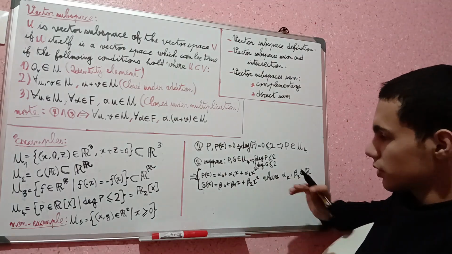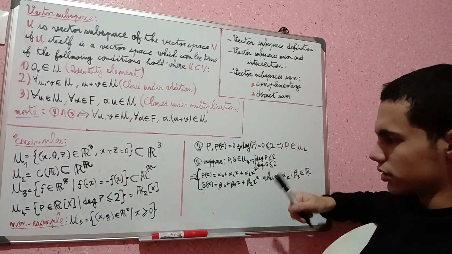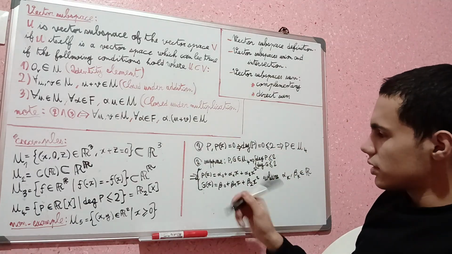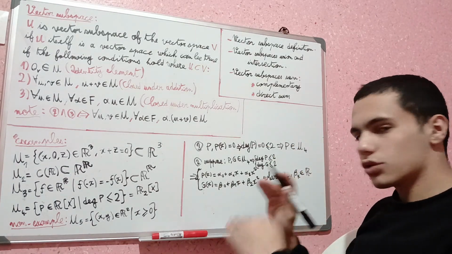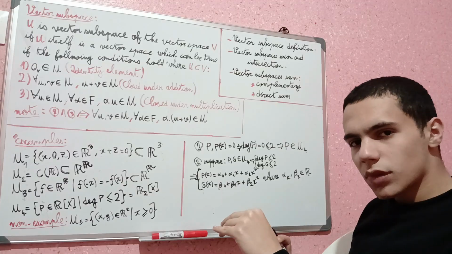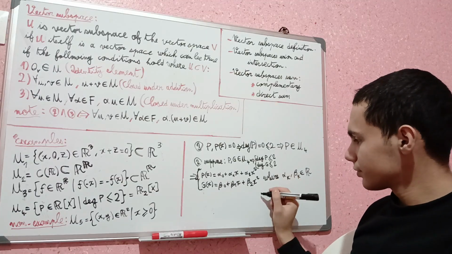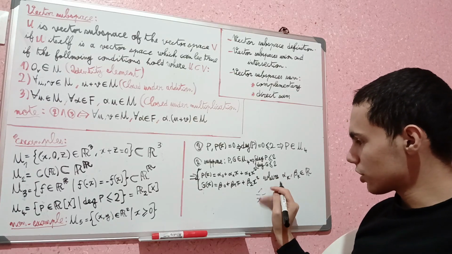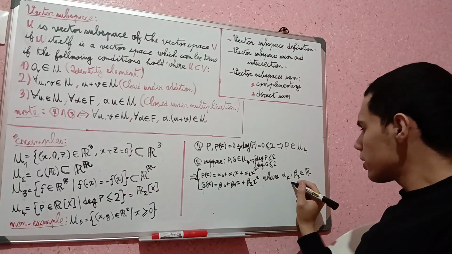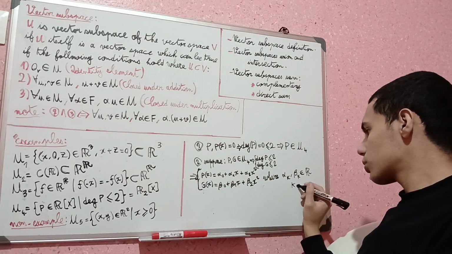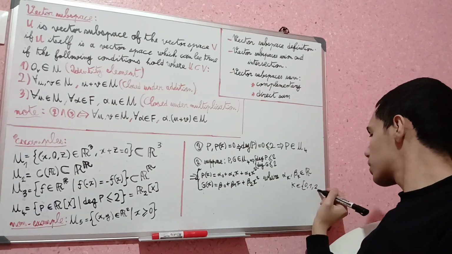This can be 0. If they are all 0, they give us the identity element. The most important thing is that the degree doesn't go above 2. It's 2 or less than 2, and of course it can't be less than 0, otherwise it's 1 over x, which is not a polynomial. And k belongs to 0, 1, 2.